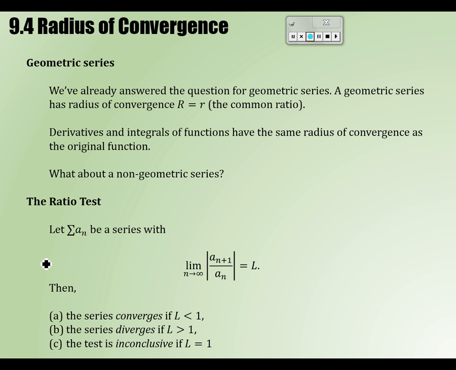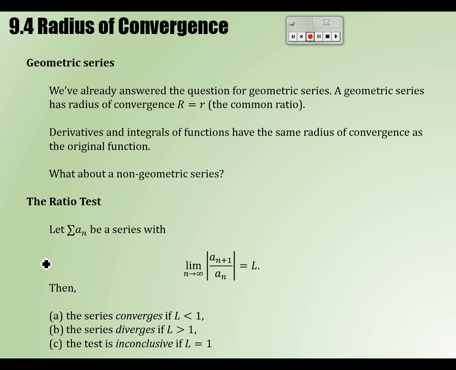If a series is geometric, then what is a sub n plus 1 divided by a sub n? That's just r, right? If a series is geometric, this is just r, and do we need to take the limit of anything? No. For a geometric series, this ratio is always the same. It doesn't change ever.